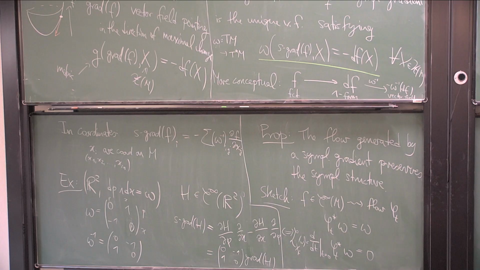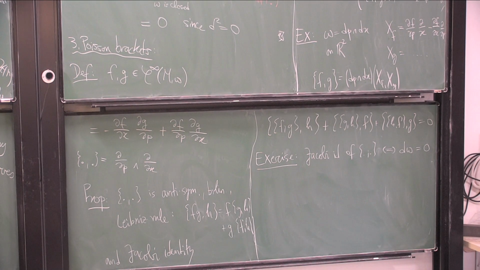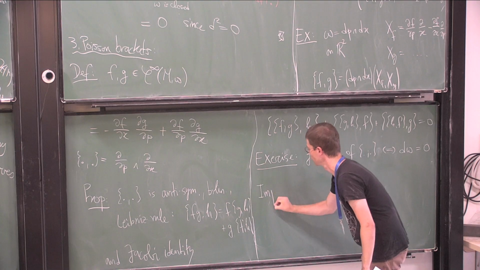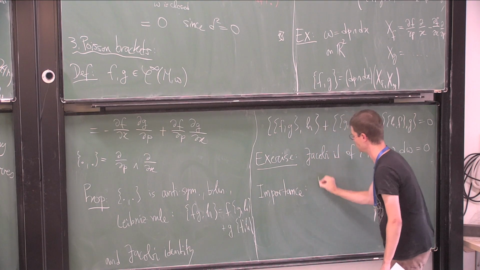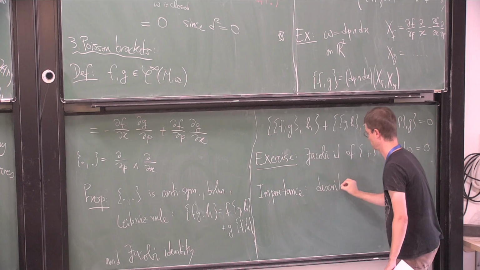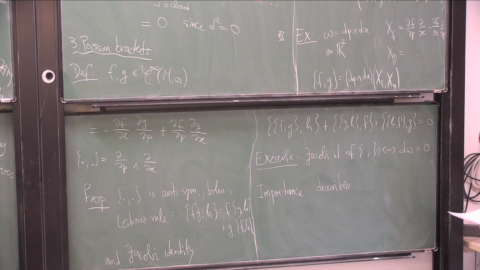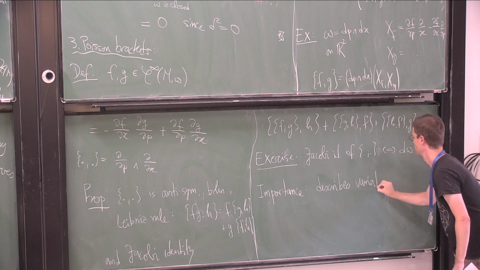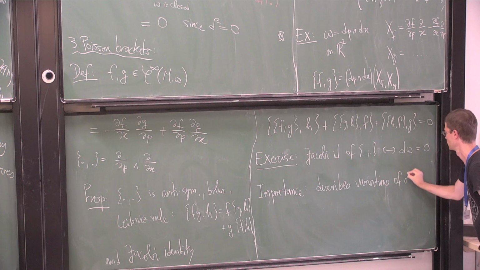Okay, so let's come to maybe the most important property, why we are so interested in Poisson brackets. Importance lies in the fact that the Poisson bracket describes time derivatives, time variations of observables.